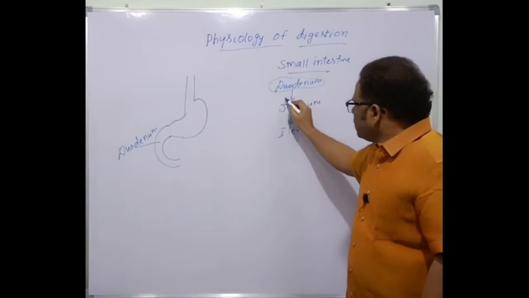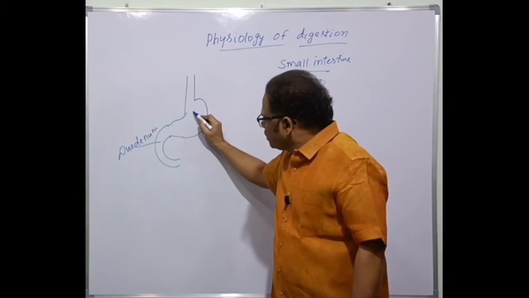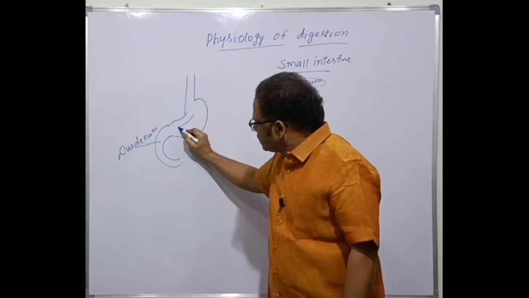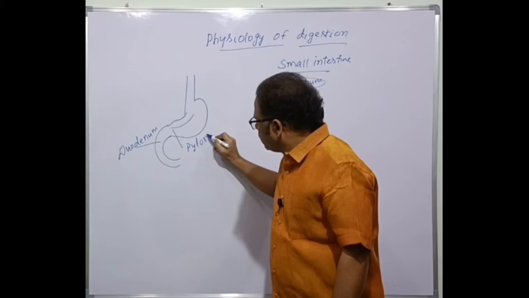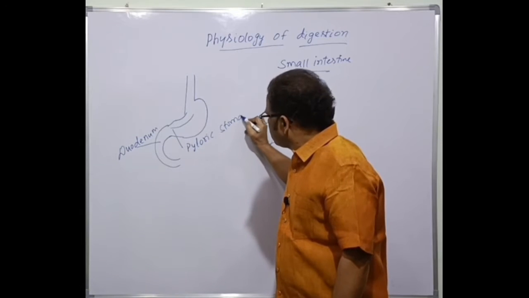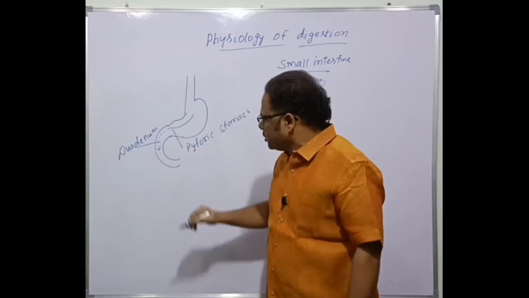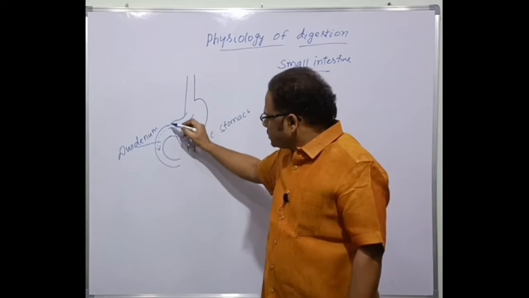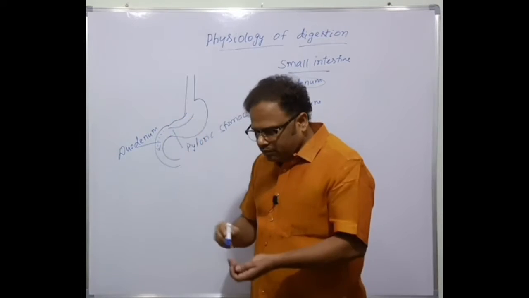How the digestion happens in the jejunum and ileum, we will see. So the partially digested food passes here, from the pyloric stomach in this direction. When the food passes from the pyloric stomach into the duodenum, it is operated by a sphincter.